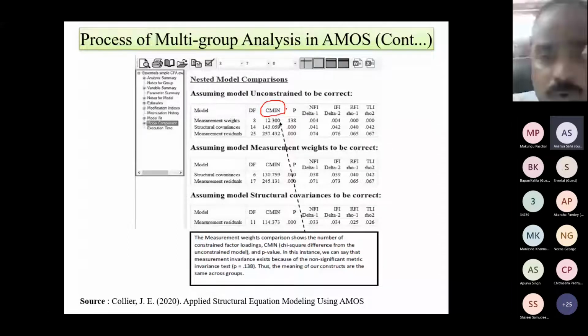Once you run the invariance testing or multi-group analysis, we will compare by looking at this model comparison result, in order to draw the conclusion whether we win in the invariance testing or we lose.